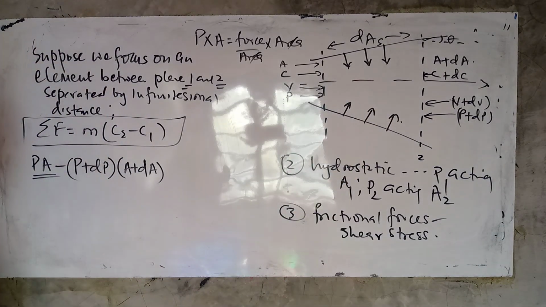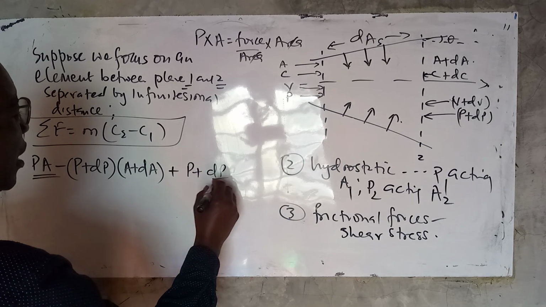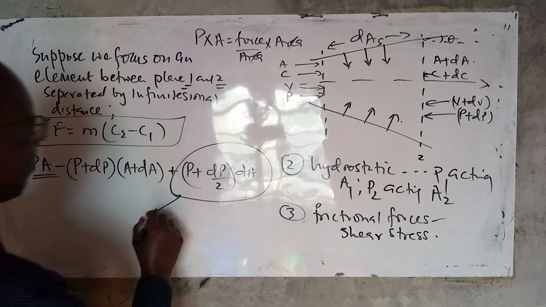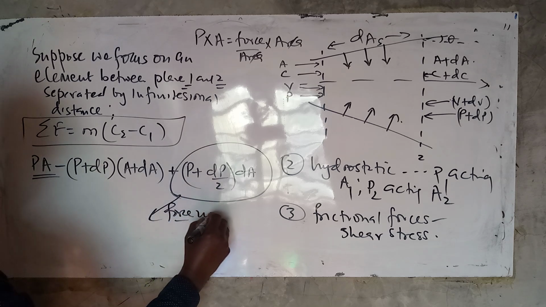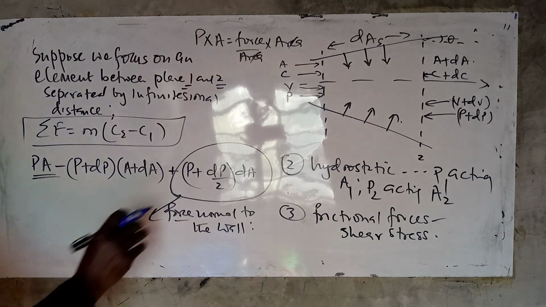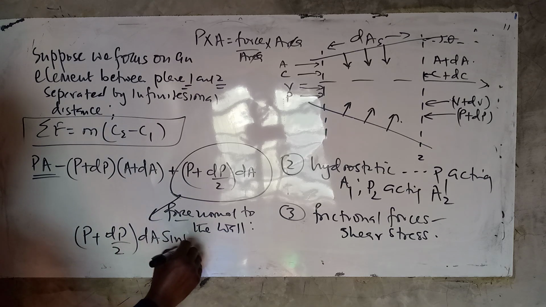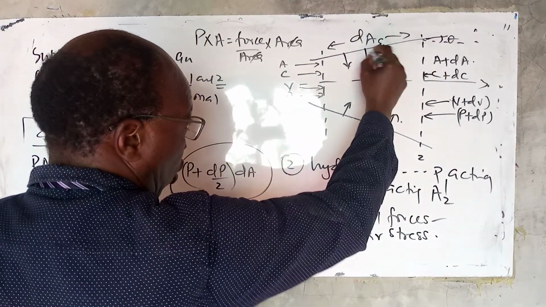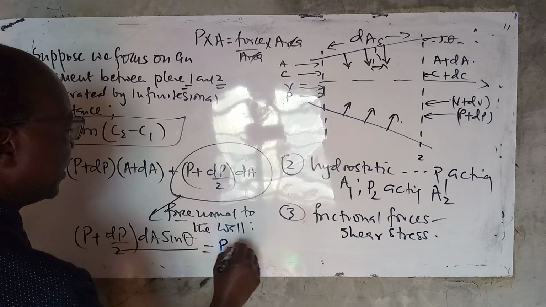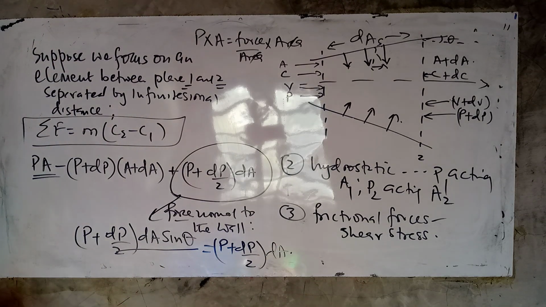The forces perpendicular to the wall will be given by the average pressure, (P plus dP over 2), times dA, sine theta. Very important for us to note that.